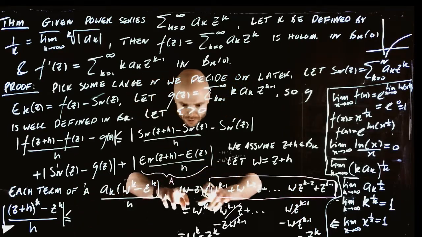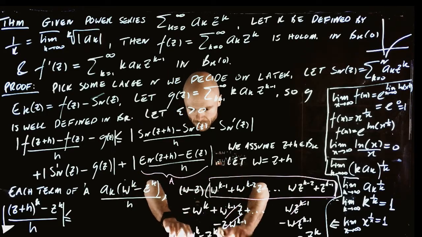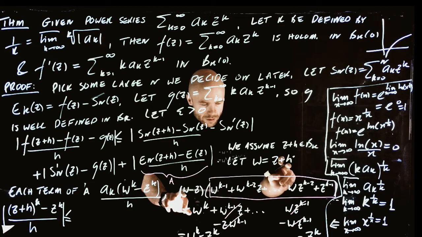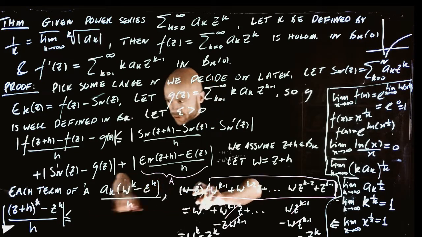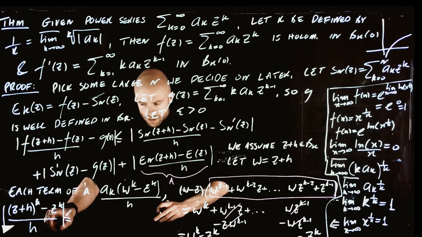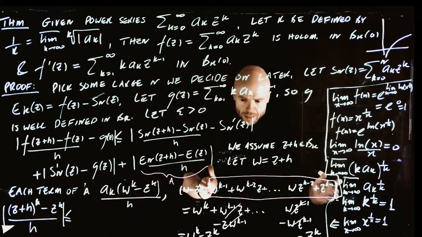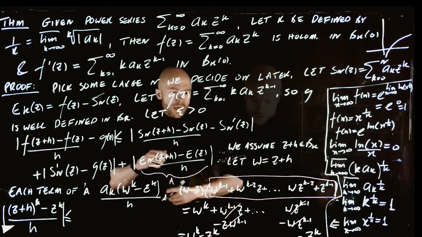let's look in more detail. So let's look at this expression. If we divide through like this, then W minus Z is just equal to H. And if I take the absolute value of this thing, it's just going to be the absolute value of the stuff in the box. And what else do we know?